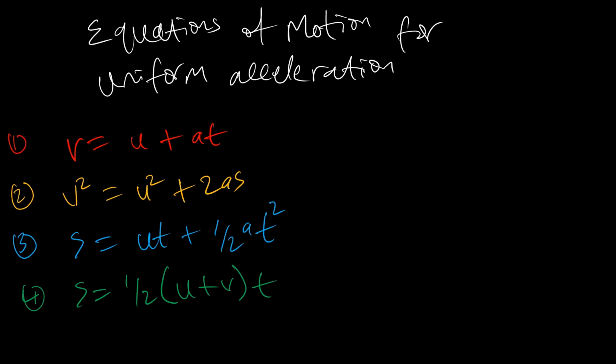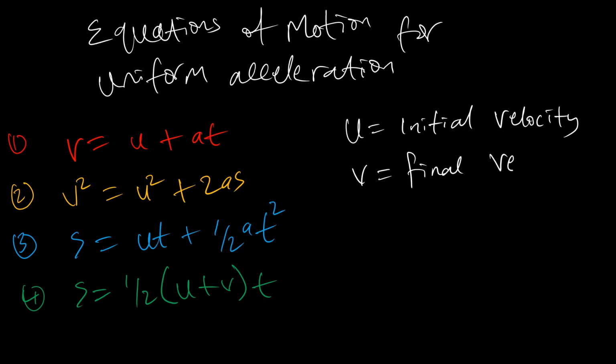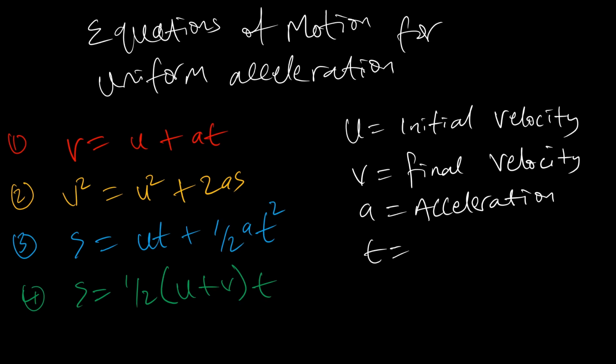Now let's define the parameters here. Let's start with u. u is the initial velocity. v is the final velocity. a is the acceleration. t is the time.